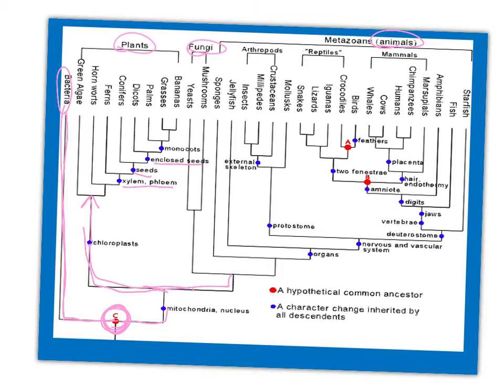And then you have your fungi branching off, and then you have your simple animals branching off, then animals with organs branching off, and then organ systems branching off. Okay, and so all these things show up. So everything after this point, if you look at vertebrae here, all these things are going to have vertebrae. But if you look here, here's feathers. Only birds have feathers.